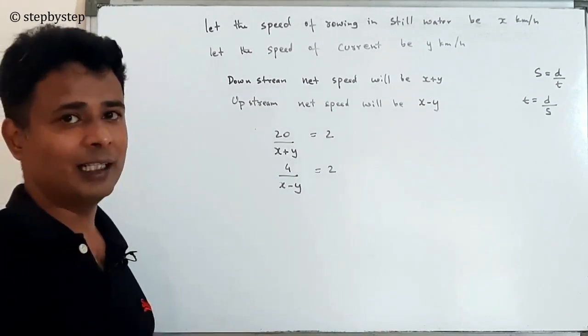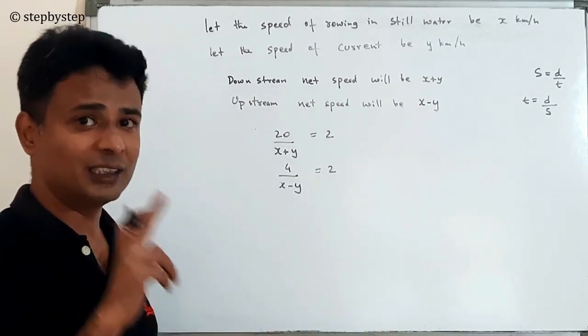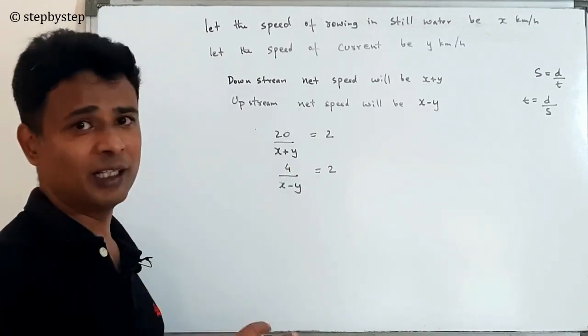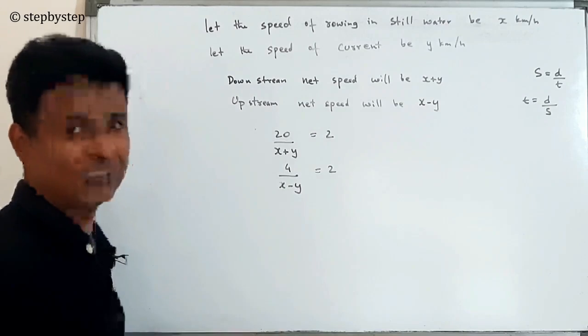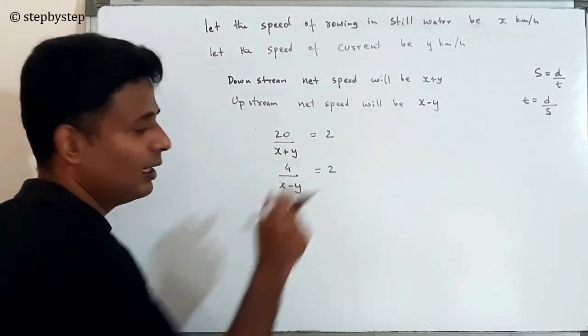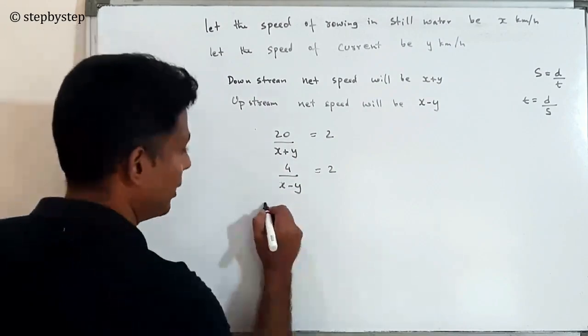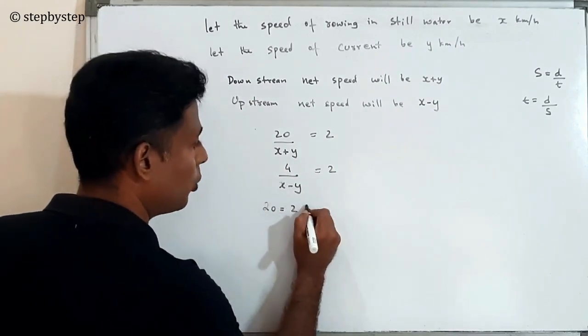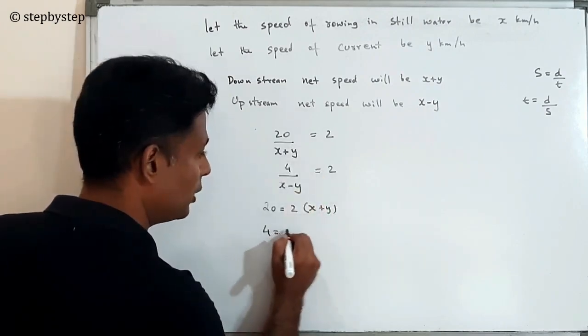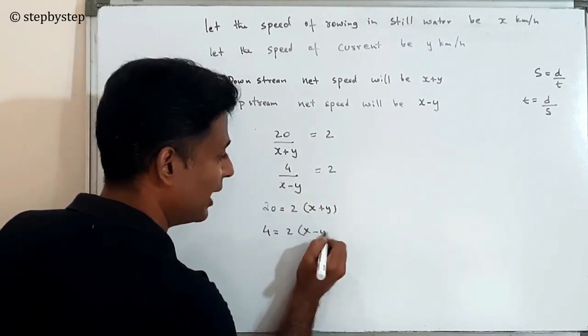Now one more thing, guys, in the previous module's first question I had explained taking x plus y as u and x minus y as v. Here we don't actually have to do it, because we can just transpose x plus y and x minus y to that side. So 20 equals 2 into x plus y and 4 equals 2 into x minus y.